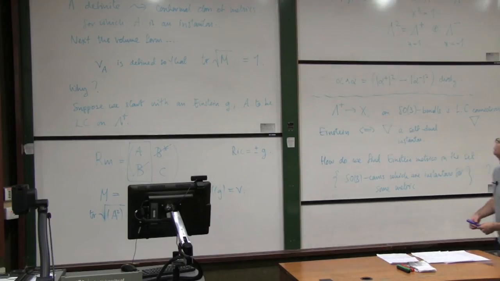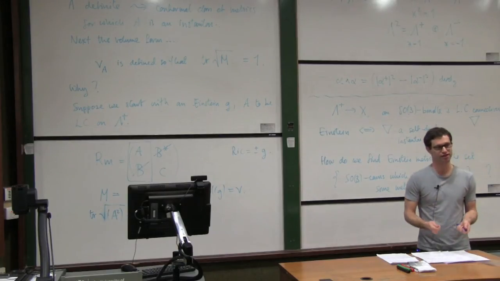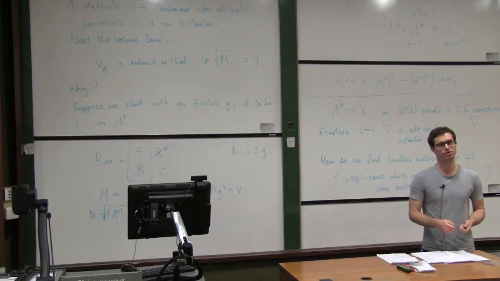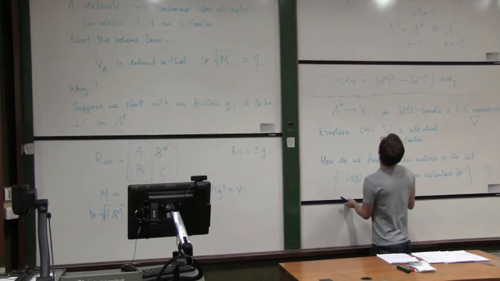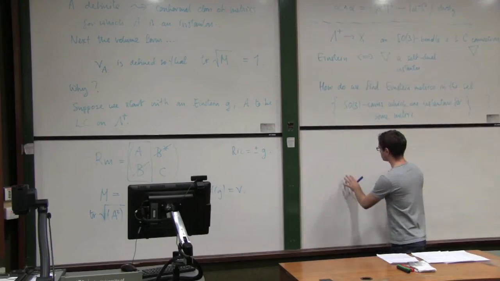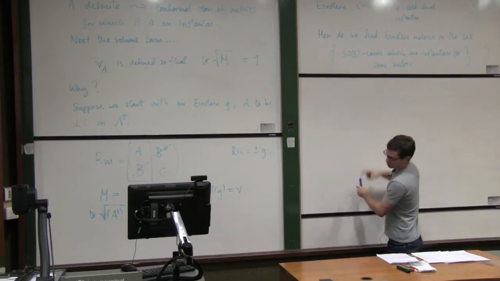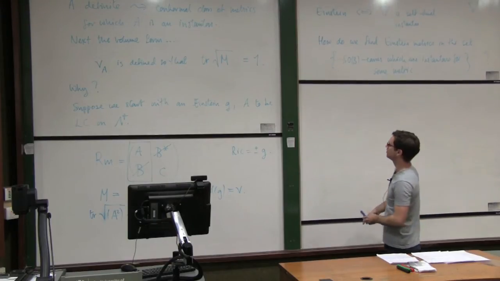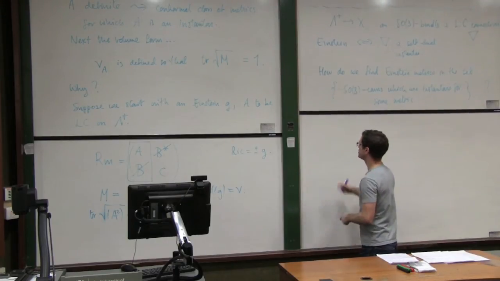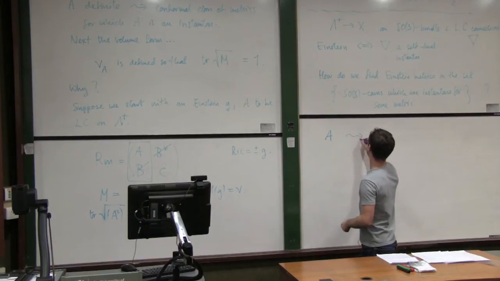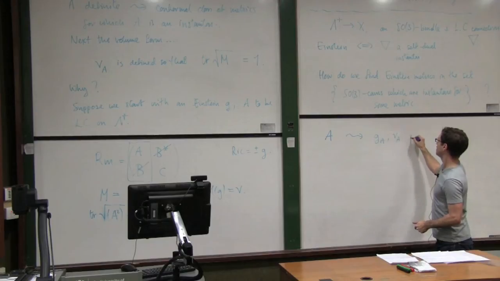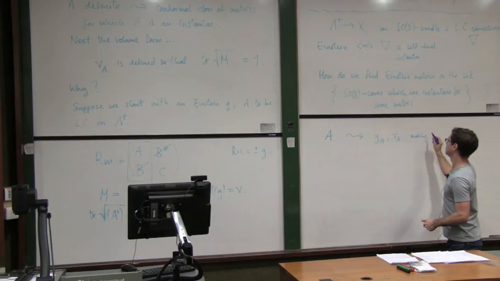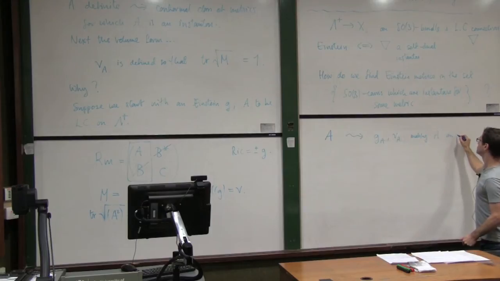So we've seen now how to take a definite connection and build out of it a Riemannian metric. And now we want to know, when is that Riemannian metric Einstein? What sort of equation does this give us for A? We started with A, and we built from this a metric GA with our volume form VA, making A an instanton.